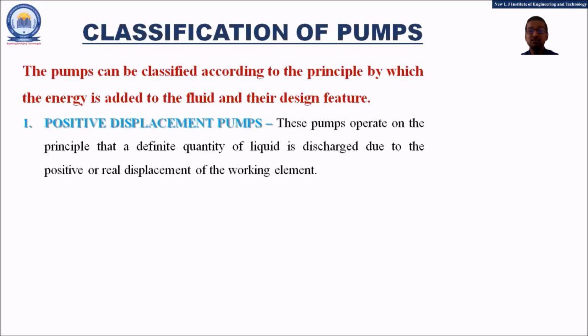Whereas in the rotary pumps, there is rotation of the mechanical element, and because of this rotation the pumping action is produced, the energy of the liquid is increased and the liquid can easily be transferred from one place to another. So these are the basic concepts related to the positive displacement pumps.